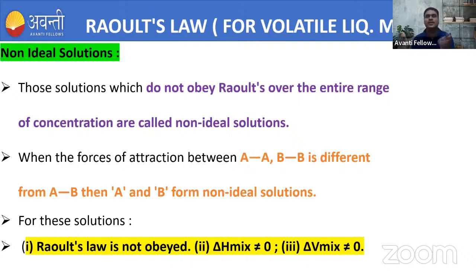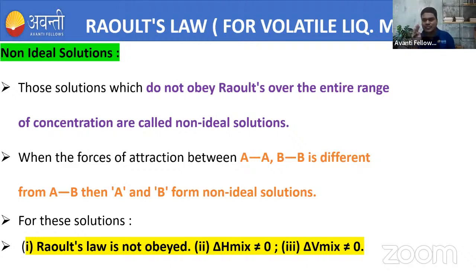Let's consider another example, the same example of ethanol and water. Now, if you mix ethanol and water, how many kinds of forces are there? Three kinds of forces, if I take ethanol as a solute and water as a solvent.